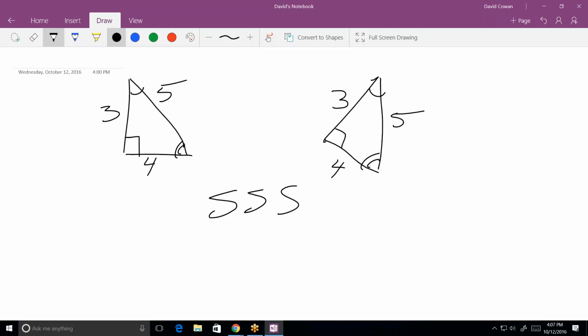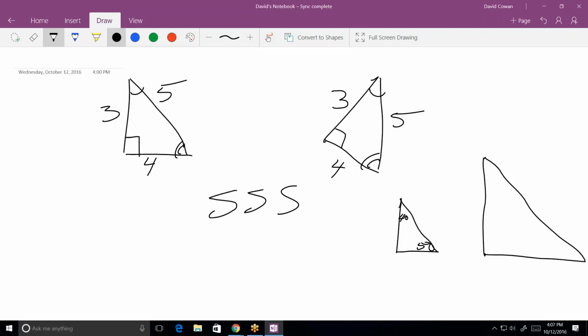Let's talk about that for a second, because notice that if I have three angles equal, I don't necessarily have congruency. Let's say that's 40, 50, 90, and over here that's 40, 50, 90. Well, clearly those two triangles are not congruent, right?